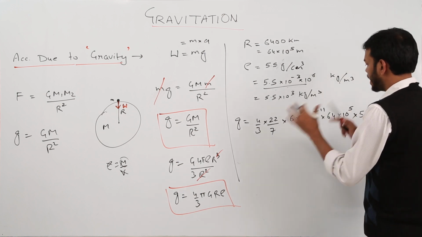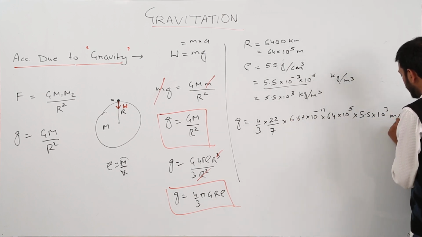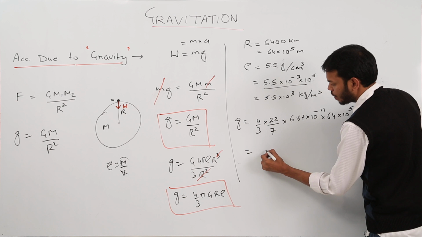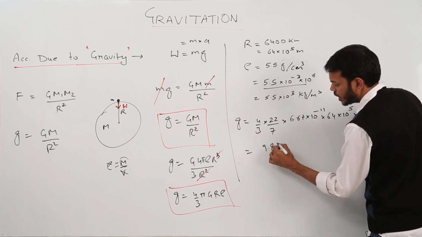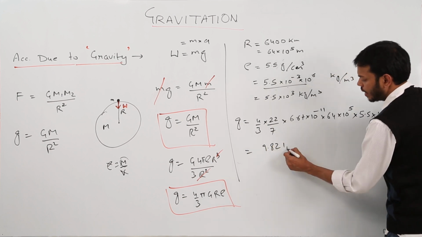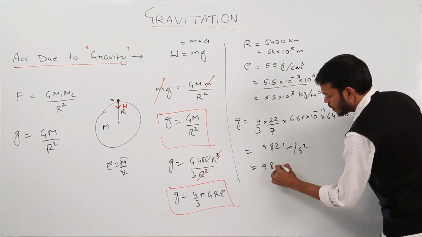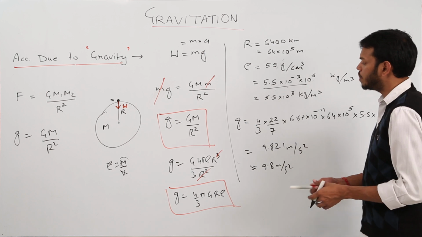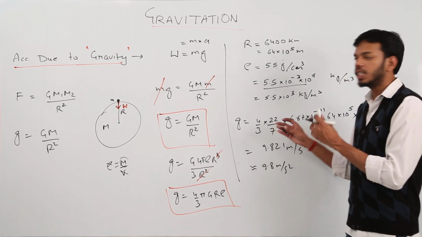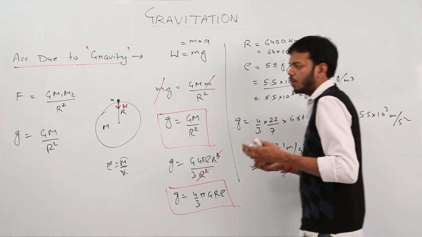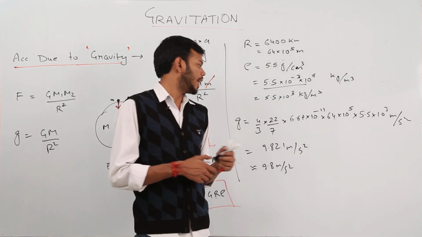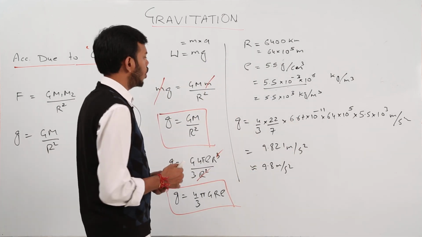This will give you the acceleration due to gravity in meter per second square, and it comes out to be approximately 9.821 meter per second square. So generally it is taken as 9.8 meter per second square, and we further round it off to 10 to ease up our calculations in old chapters like kinematics and laws of motion, right? So this is the numerical value of g.